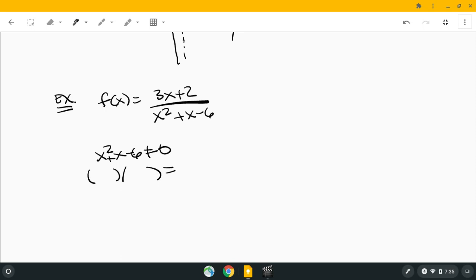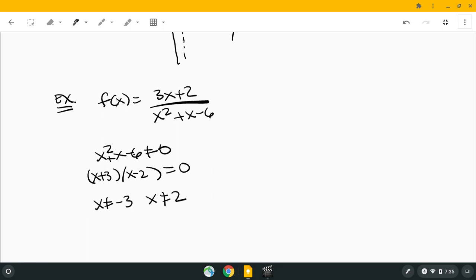Suppose that you have f of x is equal to (3x plus 2) over (x squared plus x minus 6). If I factor the denominator, x squared plus x minus 6, we get x plus 3 and x minus 2. So x cannot be -3 and x cannot be 2.